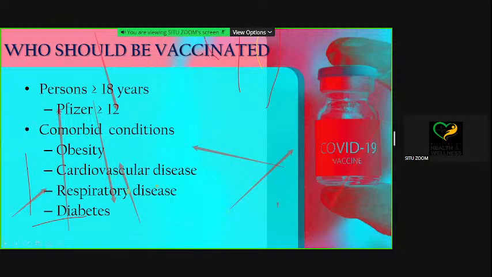So who is going to get the vaccine? Children. That's Pfizer we're talking about, over 12. We started out by saying if they have comorbid conditions, we would give them. But really and truly, they all need it. So it's all children now from 12 to 18 that are being offered the Pfizer vaccine here in the country.